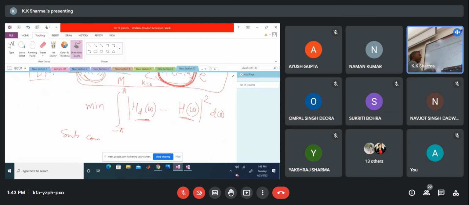So you can have some constraints on minimization of the difference or say error between the desired frequency response and the actual filter response. And this optimization problem will give you the filter coefficients h(n).